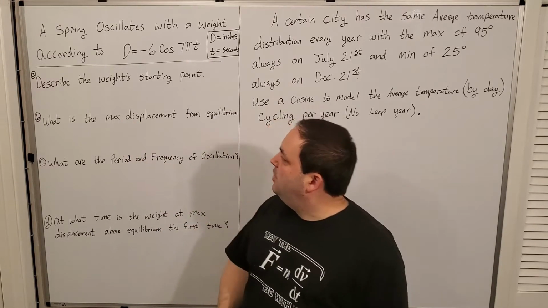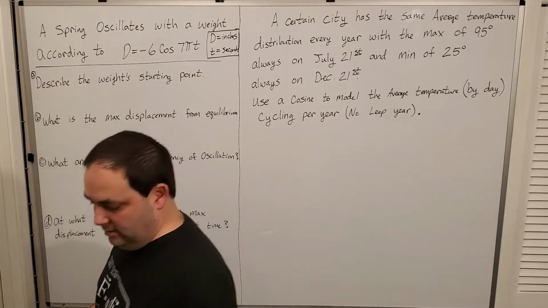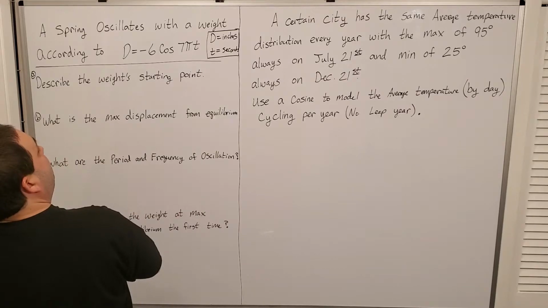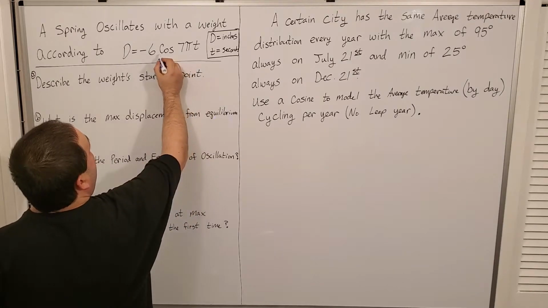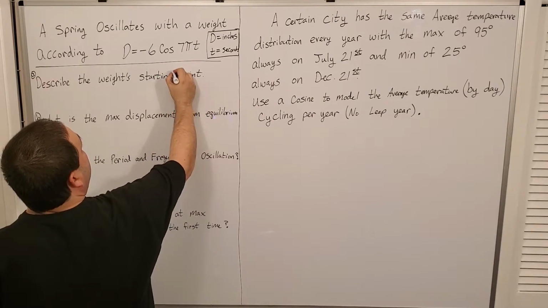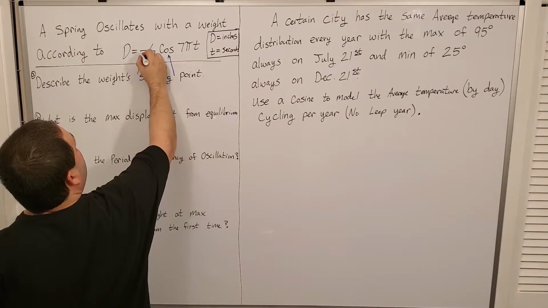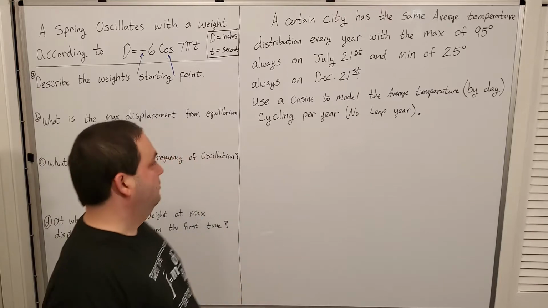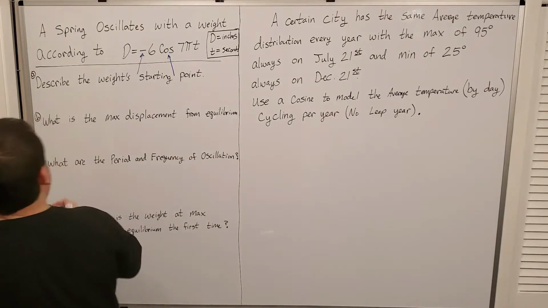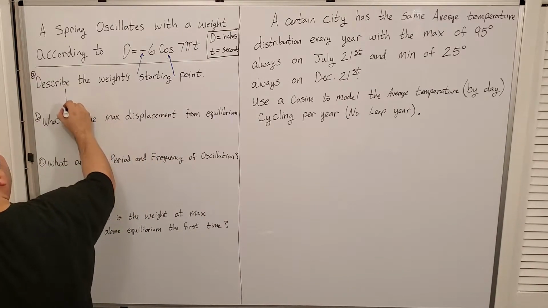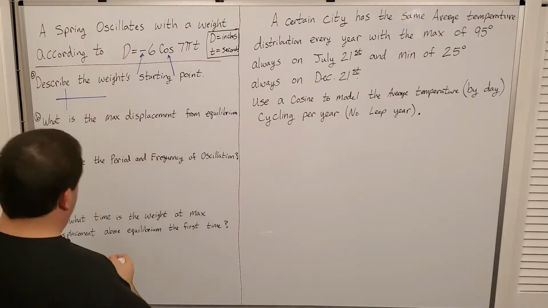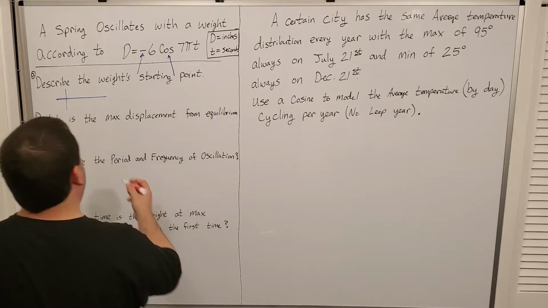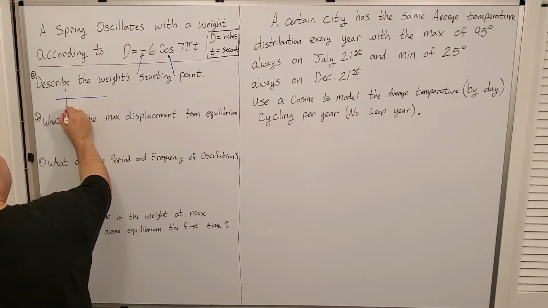First, describe the weight's starting point. Okay? Well, it's a cosine, right? The fact that it is a cosine and it's a negative, that's indicative right there. Okay? So if I were to draw the graph, it would be a negative cosine, which means it would start like this.